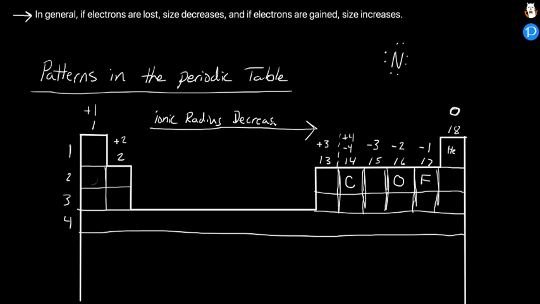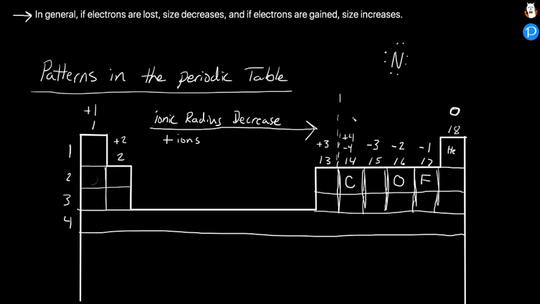But now here's the thing. Once I hit this spot here, then I start to hit these non-metals, which are actually gaining electrons. So really, we got to think about it like this. I should not have erased that line right there. The ionic radius of the positive ions is going to decrease as I move here. But then I'm going to hit these nonmetals.